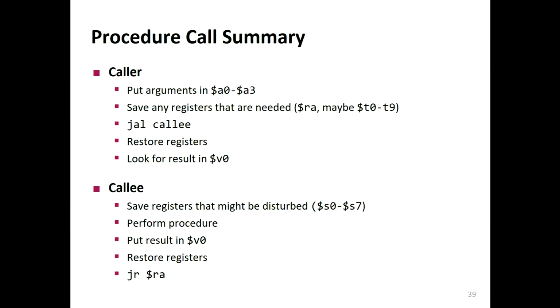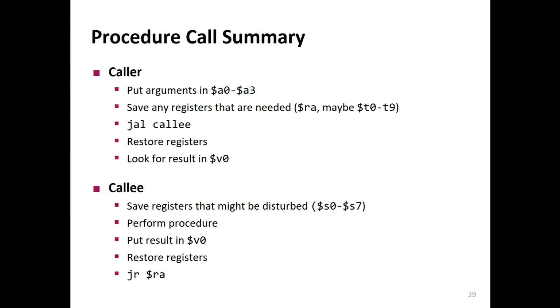Okay, so to summarize, when you're designing procedural calls, which inevitably you will, the caller has some duties, right? You need to put arguments in registers A0 to A1. You need to save any registers that are needed, particularly the return address, that's more important, and also maybe the values that you used in registers T0 through T9, because recall that T0 through T9 are not guaranteed to be preserved by whichever function that you call.